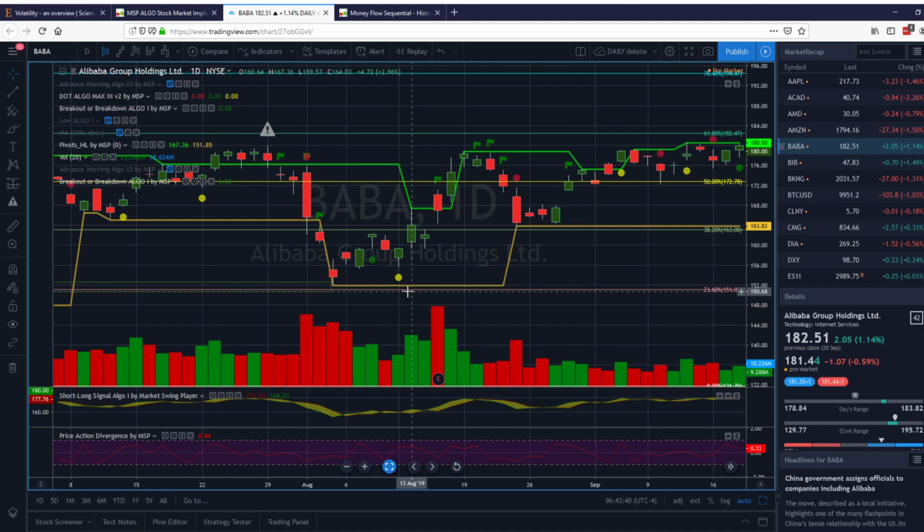Okay, so we know that price was dropping, is what it was saying, and it's dropping to support to pop. Okay, sometimes you get that alert and it is in an uptrend and it'll drop.